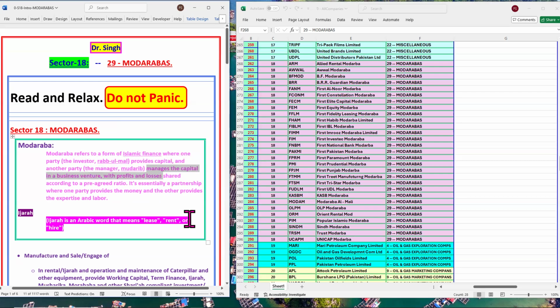I'm going to read it. Manages the capital in a business venture, with profits and losses shared according to a pre-agreed ratio.